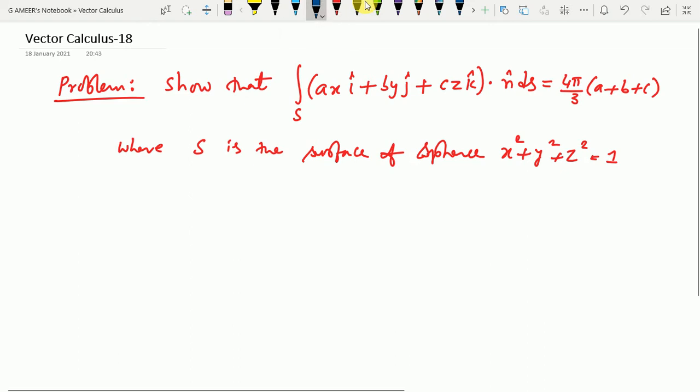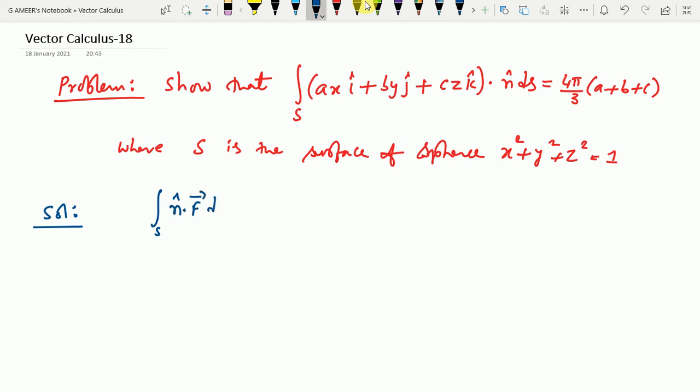So now we'll solve this problem by applying Gauss divergence theorem. What is Gauss divergence theorem? It says the surface integration of n dot f ds is equal to the volume integration of divergence of f dV. This is of course for a closed surface.